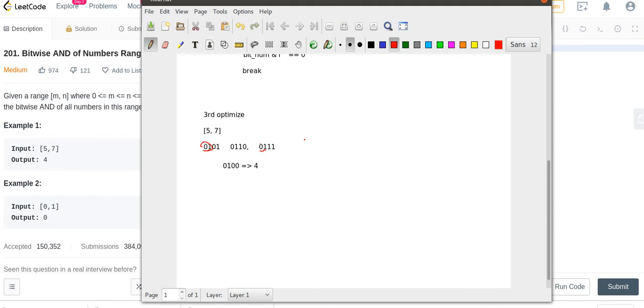So we will find that m and n have equal values in the prefix. So we need to compare this. This is the trick part here, and we only need to compare m and n.